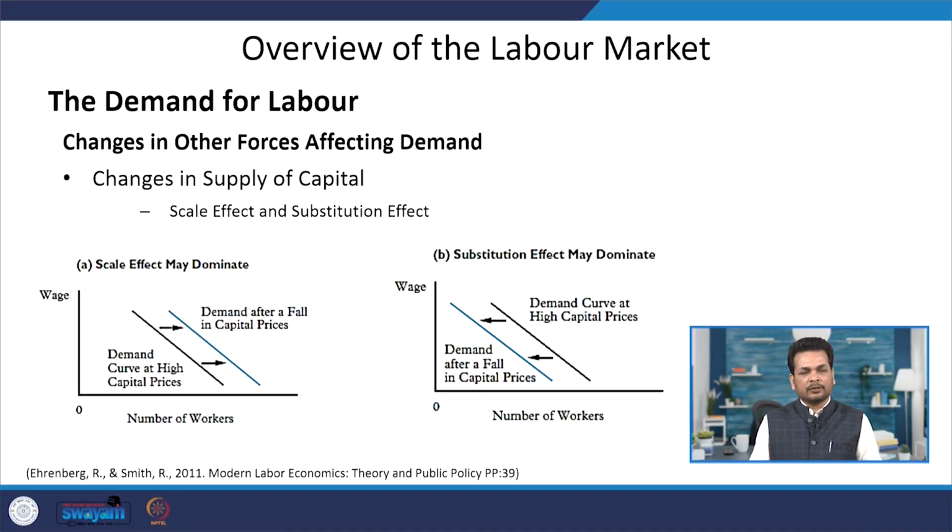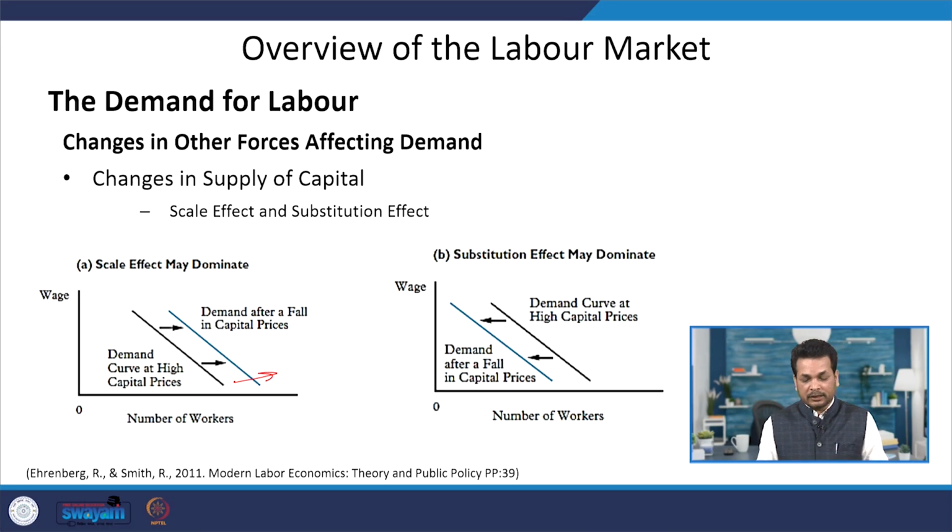So, when the cost of capital declines, two effects can work together, both the scale effect as well as the substitution effect. Sometimes it may happen that the scale effect dominates the substitution effect. In that case, the demand for labor will shift towards the right.